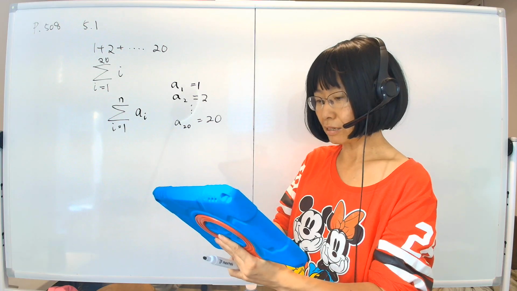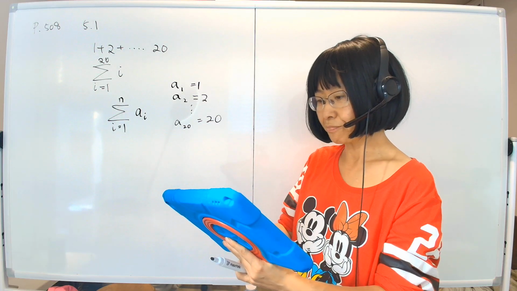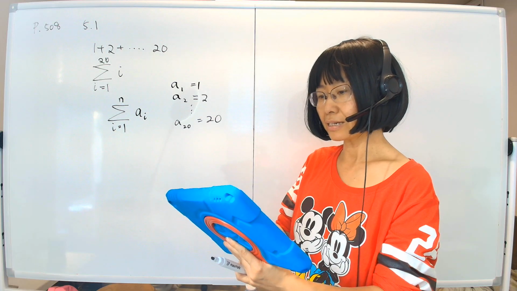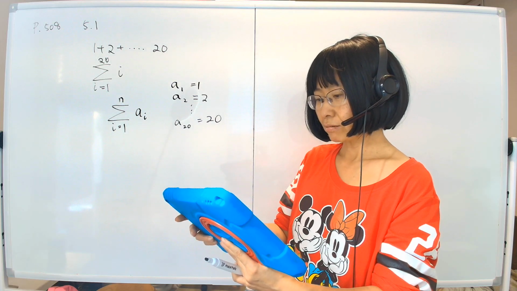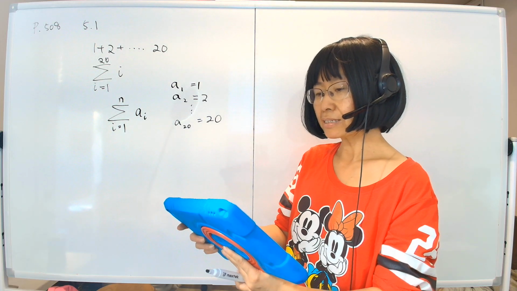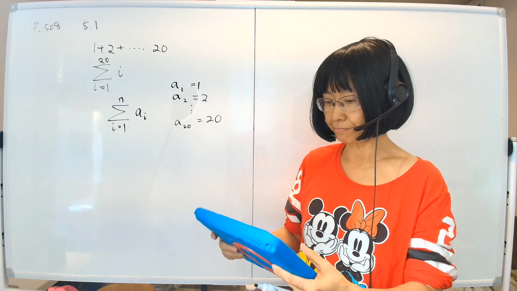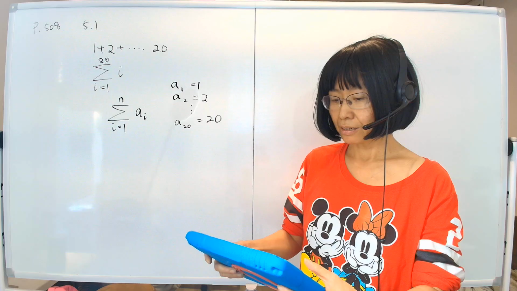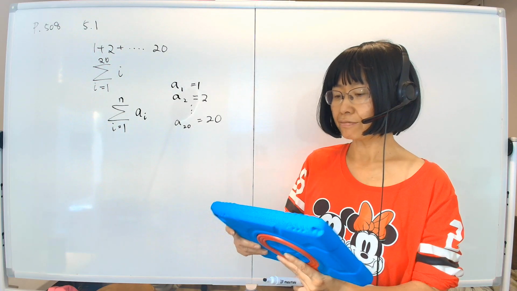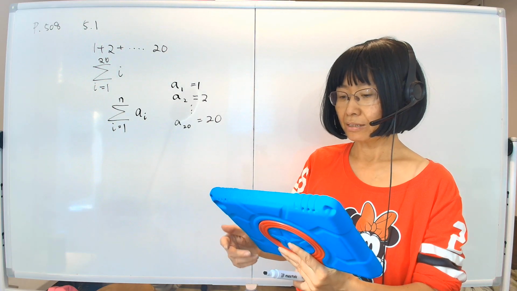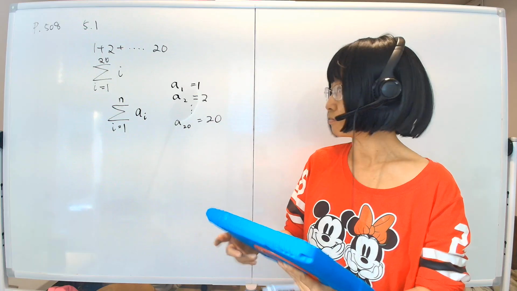Now that we know what the summation symbol does, let's look at the example. Example 5.1 on the next page, part A. We have 3^i where i equals 1, 2, 3, 4, 5.